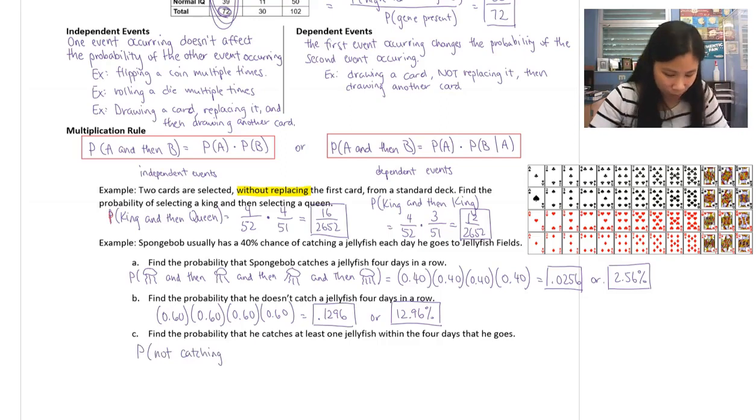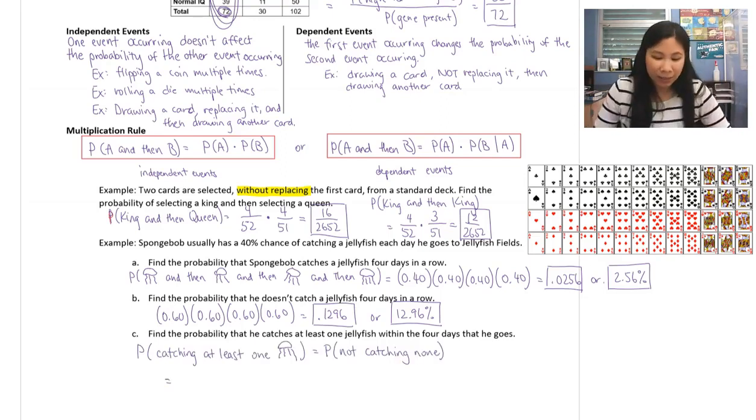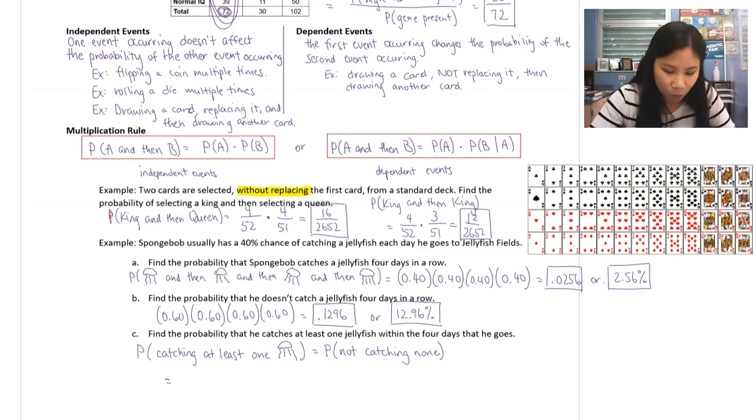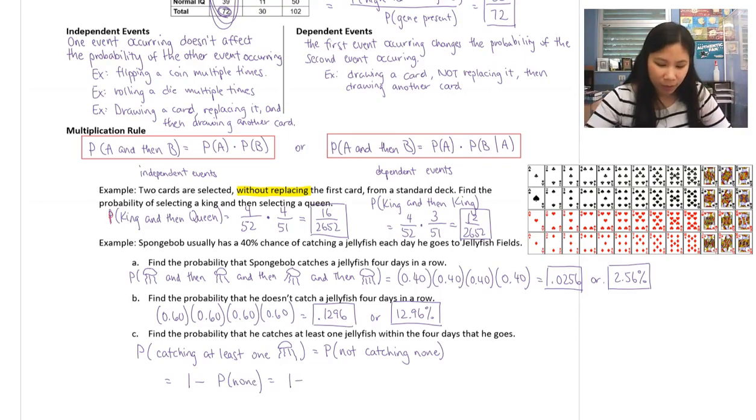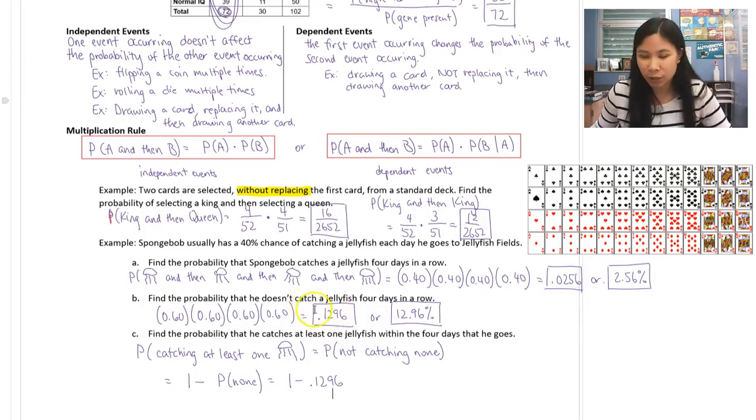So catching at least 1 jellyfish is the same as the probability of not catching none of them. So whenever we do the opposite, we would just subtract from 1. So if I can find 1 minus the probability of none, this would end up being 1 minus the 0.1296 that I got in part B. Because remember, in part B, I just found the probability that he doesn't catch any jellyfish.